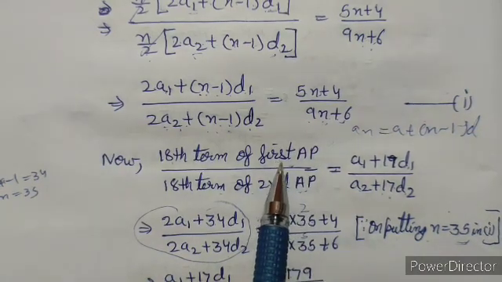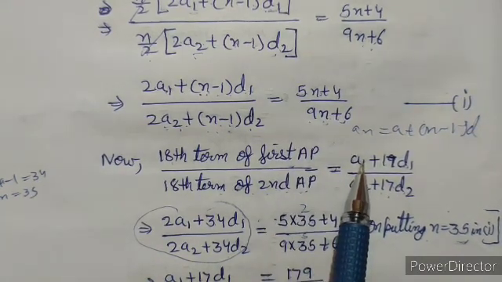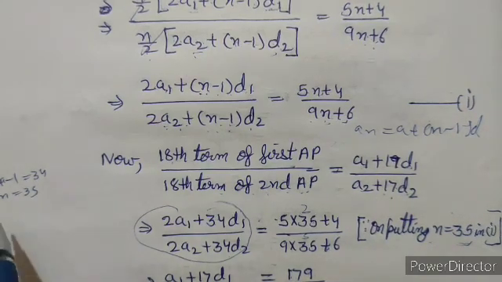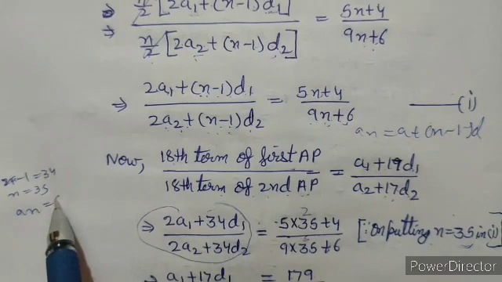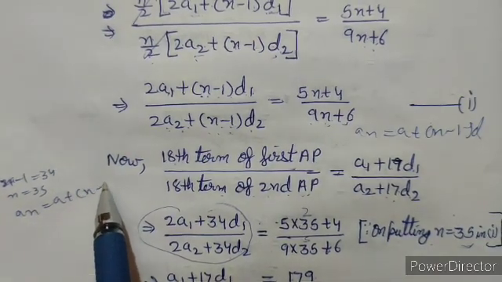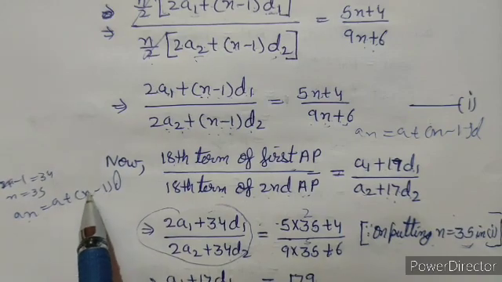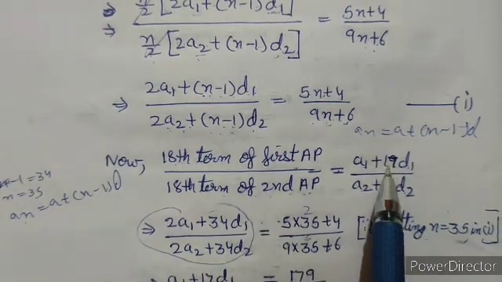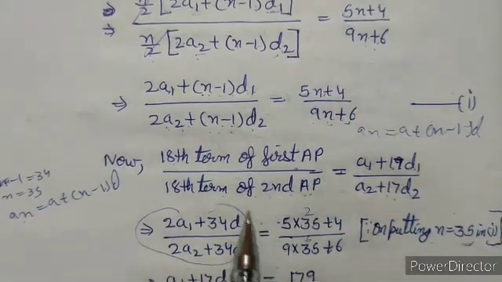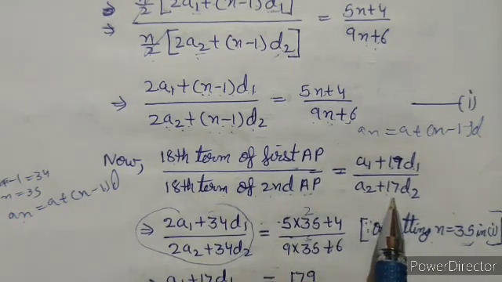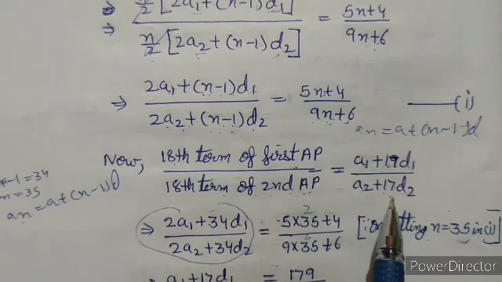The 18th term of the first AP will be equal to a1 plus 17d1, as An is equal to a plus n minus 1 d. So A18 will be equal to a plus 18 minus 1, and that is 17 d1. And the 18th term of the second AP will be a2 plus 17 d2.